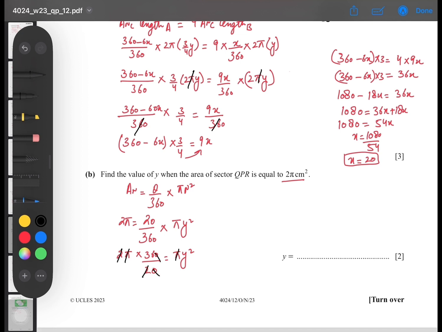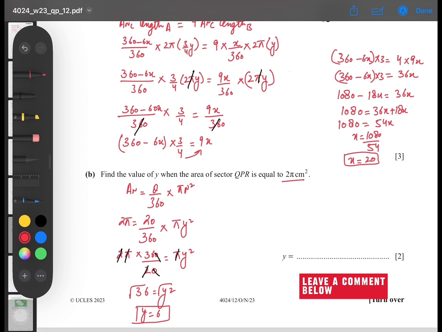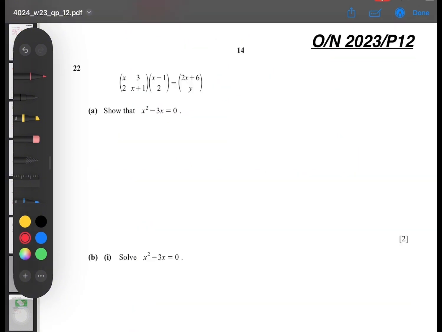So the remaining numbers are 36 is equal to y square. And now I will take square root on both sides. So y is equal to 6. So the radius of QPR is 6.